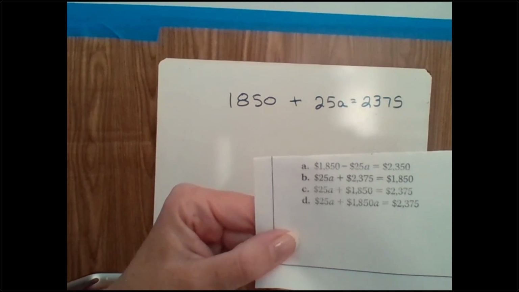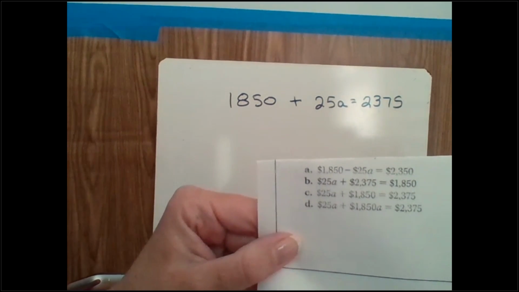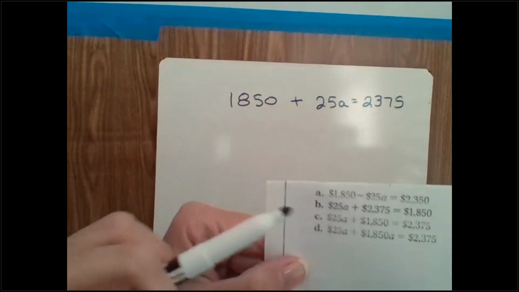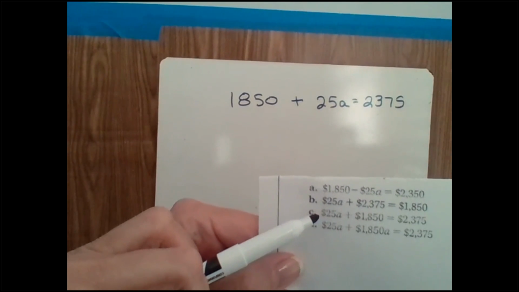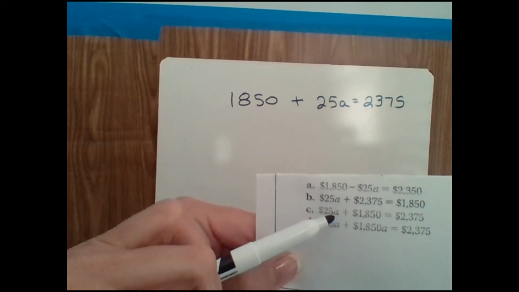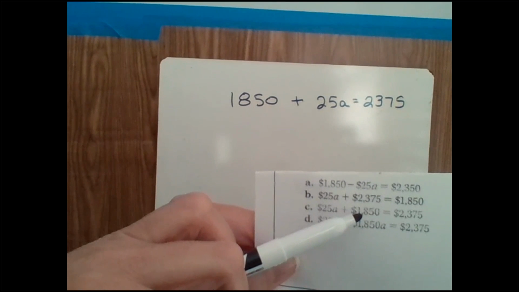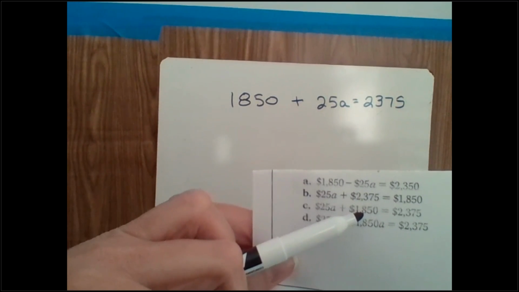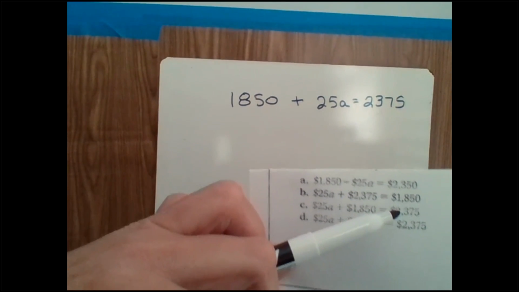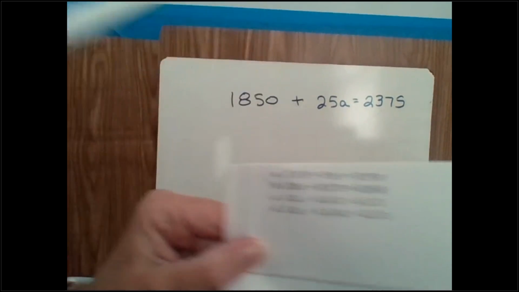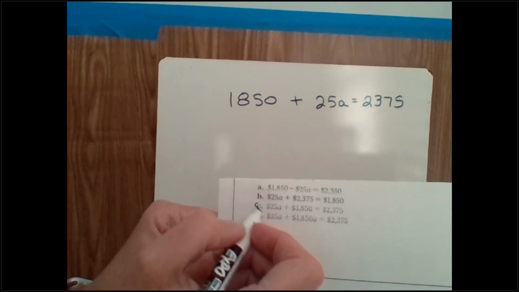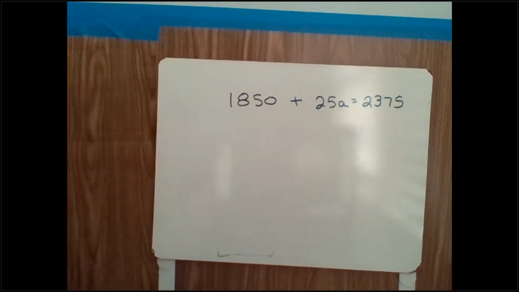But if you will look at option C, they're adding, you get $25 per appliance plus your base salary of $1,850 equals the total salary for last month. So the correct answer would be option C. Okay, but now they want us to solve this for how many appliances we sold.